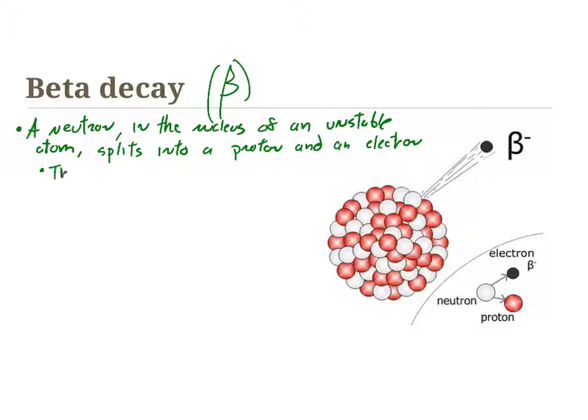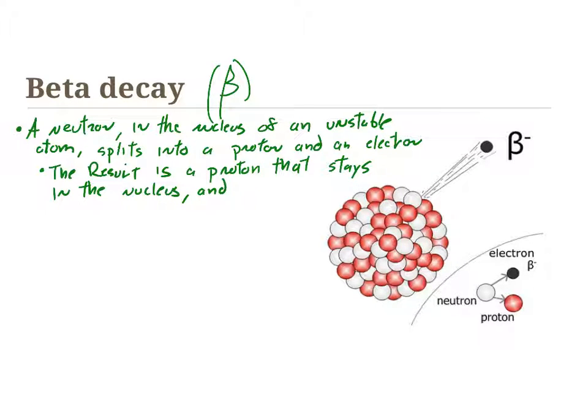Now, the result is a proton that stays in the nucleus and a high energy electron that is emitted or given off.